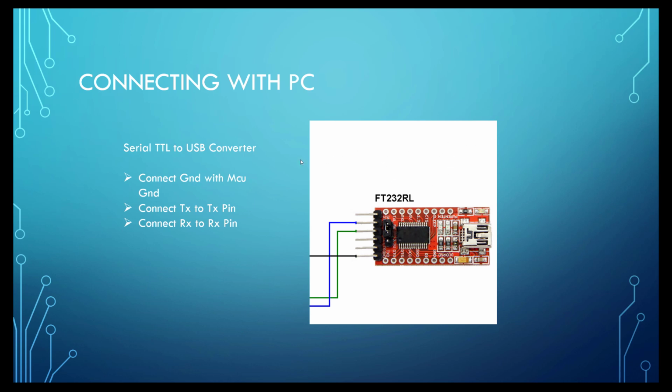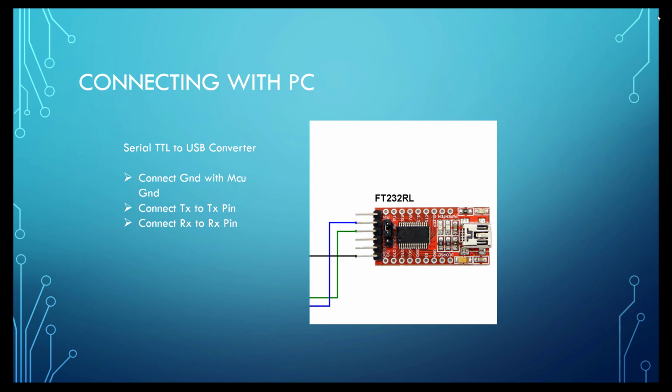And on the PC we can use a serial application terminal like PuTTY for our serial communication sessions, and we can see our data on the serial terminal. So it's really useful. We can use it for debugging purposes, for displaying data, or for communicating with the device through our PC.